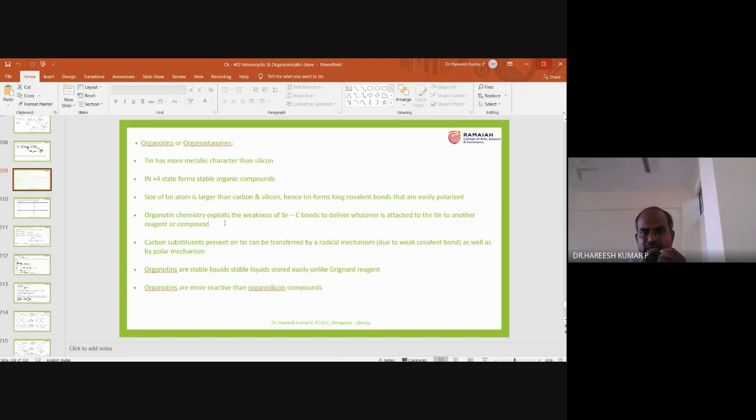Organotin chemistry exploits the weakness of the stannous carbon bond to deliver whatever is attached to the tin to another reagent or compound. Carbon substituents present on the tin can be transferred by a radical mechanism.